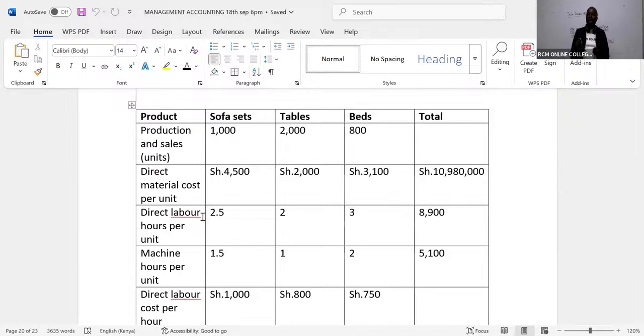If they say this is labor hours per unit, then I must multiply by the total number of units. So this one will be equal to, for sofa sets, I can see labor hours are how many? 2.5, isn't it? Times how many sofa sets? 1,000 sofa sets. Plus some labor hours will be going to tables.